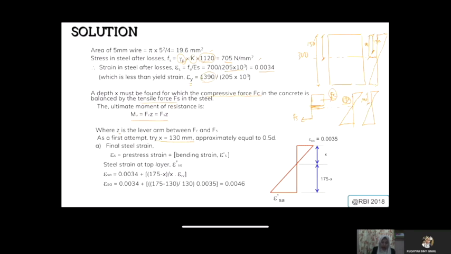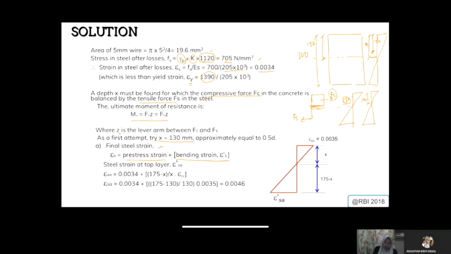Okay, so final steel strain. At this point, the total steel strain must include the value of pre-stress strain plus bending strain. Bending strain is the common strain.